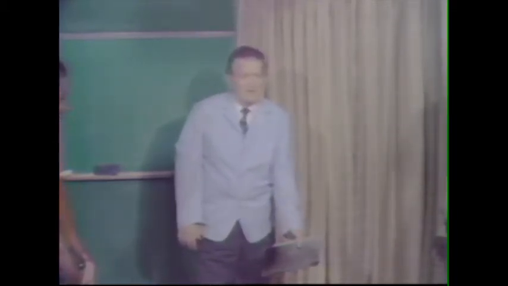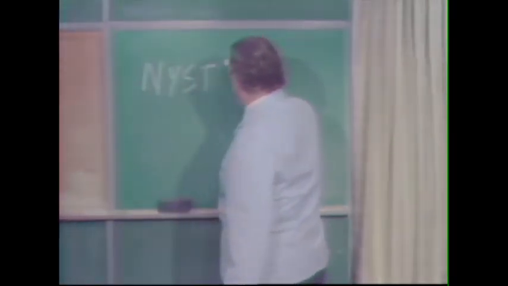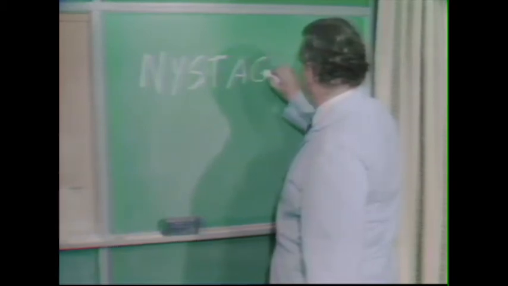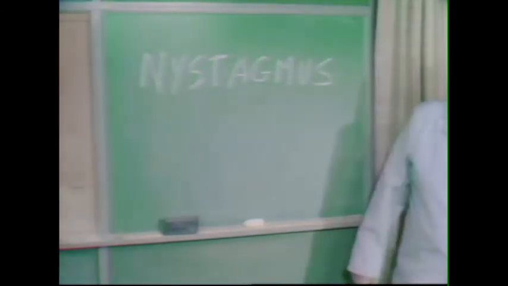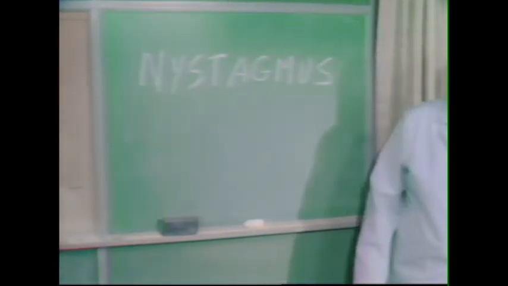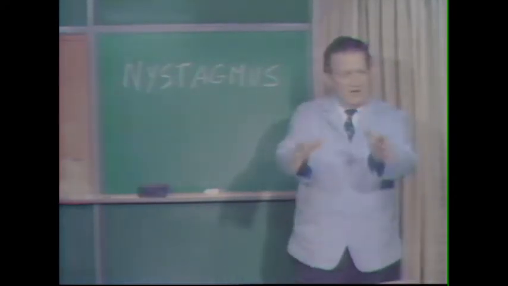And that is by the method of nystagmus. Nystagmus. If any of you have ever ridden in a train, watch a person next to you as the train goes ahead.